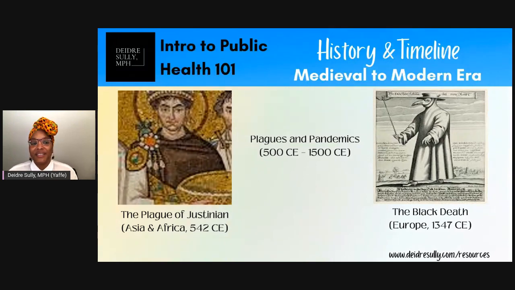Plagues existed during the time of the Kemetic pharaohs and Hebrews, in Exodus from Egypt. So these are not the first plagues, but these are the first ones that have been recorded with specific attention to what we call the Black Death or the bubonic plague.